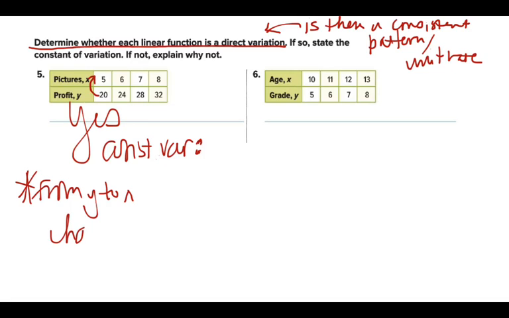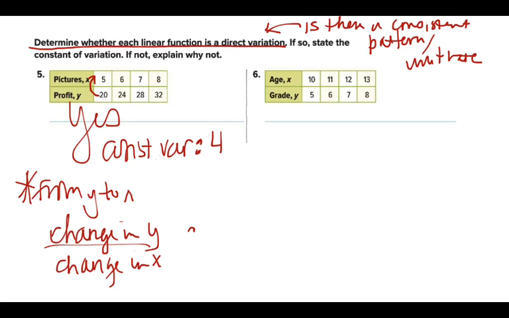So that would be the change in the y over the change in the x. That's what they're talking about when they want the constant variation. So what's happening is we would have 4 over 1. So if we take a look, a couple things here.